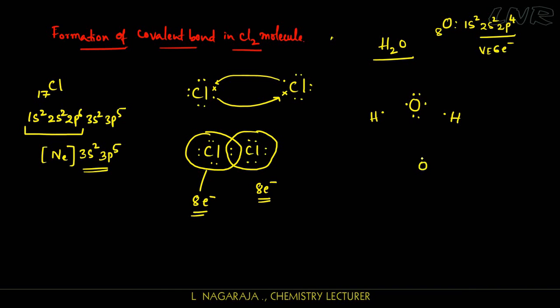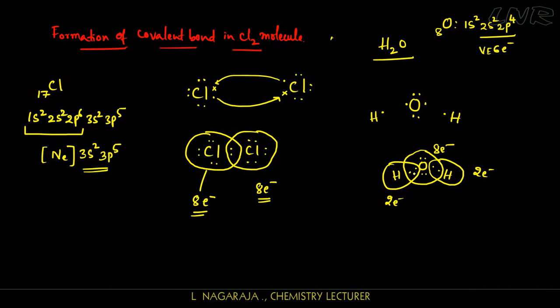So the molecule of water is represented like this. That is, each hydrogen gets 2 electrons, and this oxygen gets 8 electrons. That is, in the outermost orbital it gets 8 electrons.